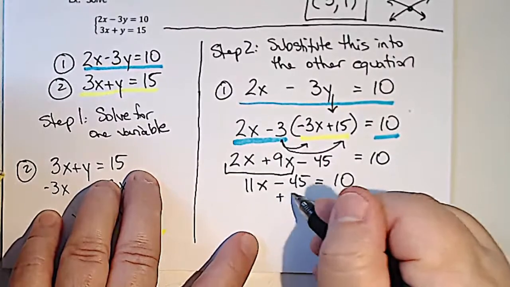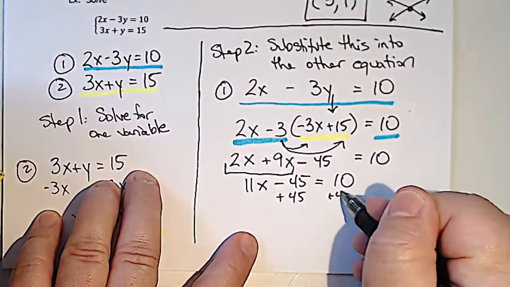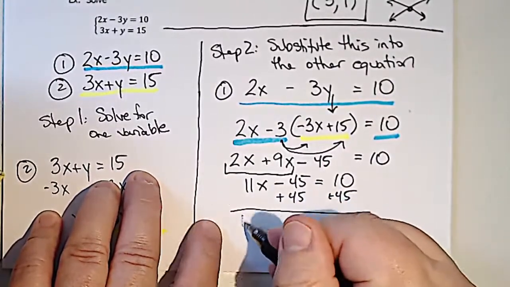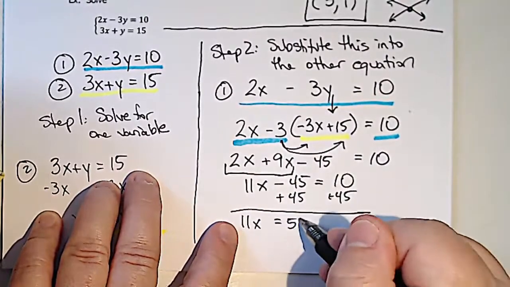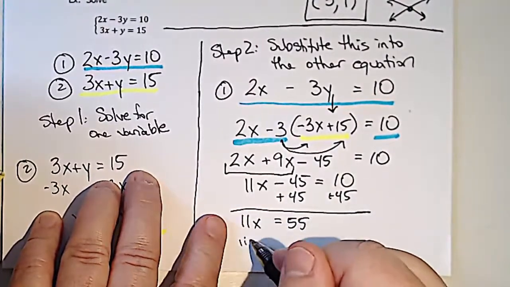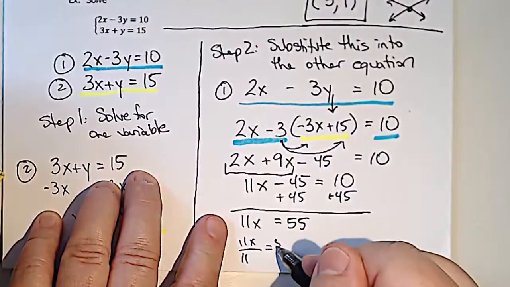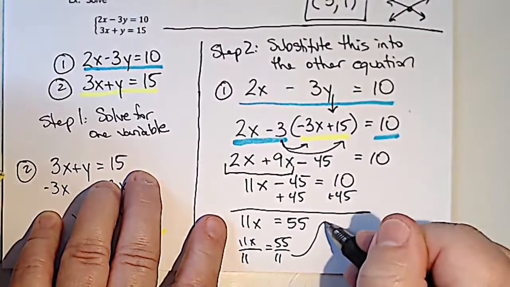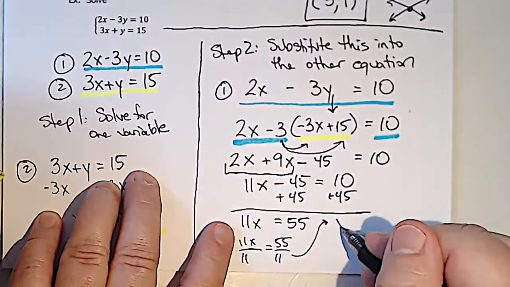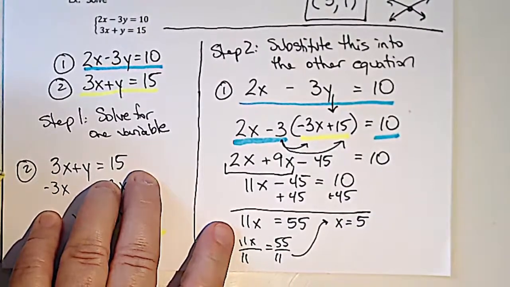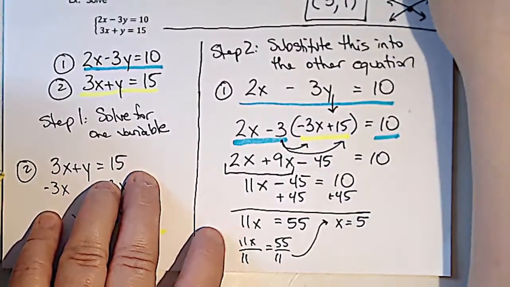And the last step will be to add 45 to both sides. So we get 11x equals 55, or x equals 5.